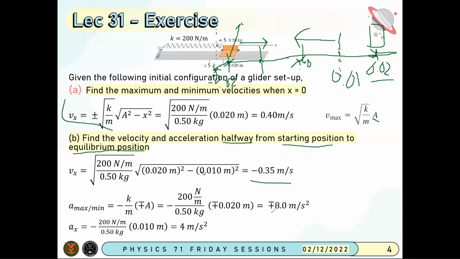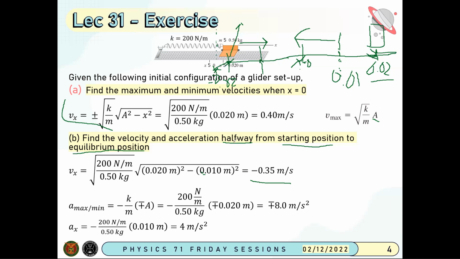So if we plug in our values, we see that that is negative or positive 8 meters per second squared. Again, depende kung nasaan amplitude ka. So kung nandito ka sa negative A, negative yung acceleration. Kung nasa positive A ka, positive din yung acceleration. Okay?